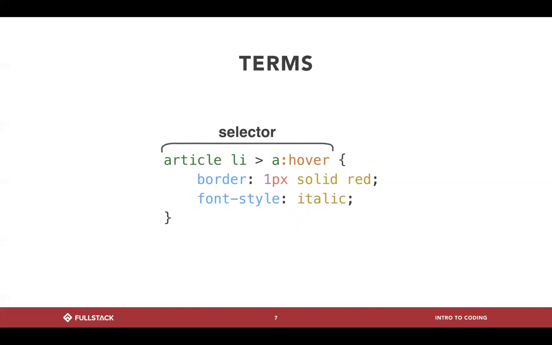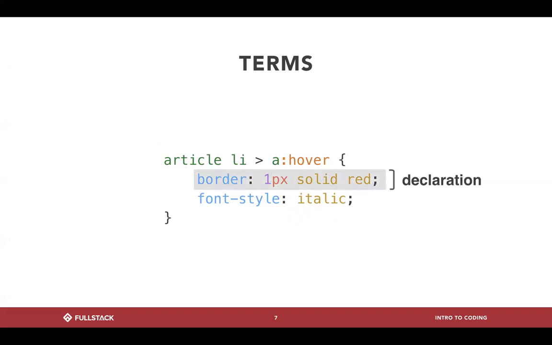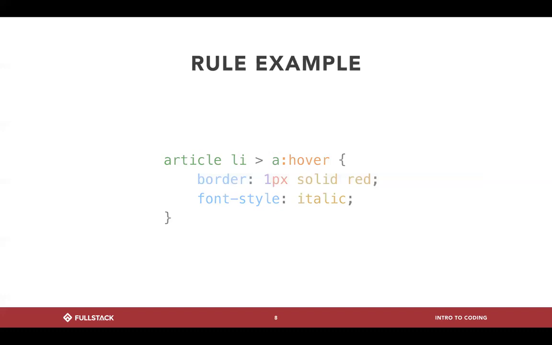So really it's a collection of the symbols and text that will tell you which specific elements should be affected by this rule. And then on the inside, we have our declarations. Those declarations are going to have properties as well as values.